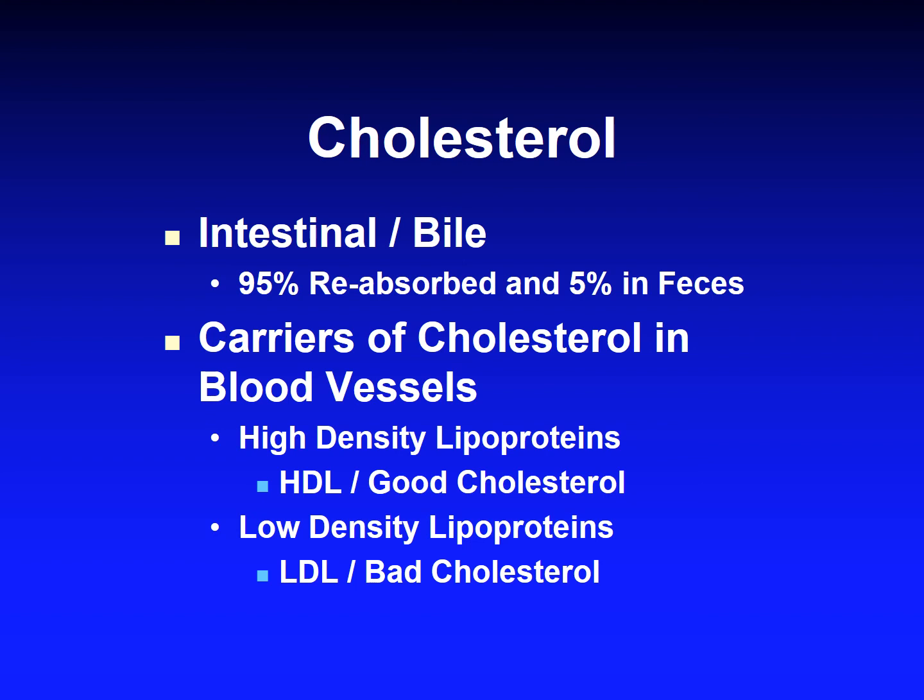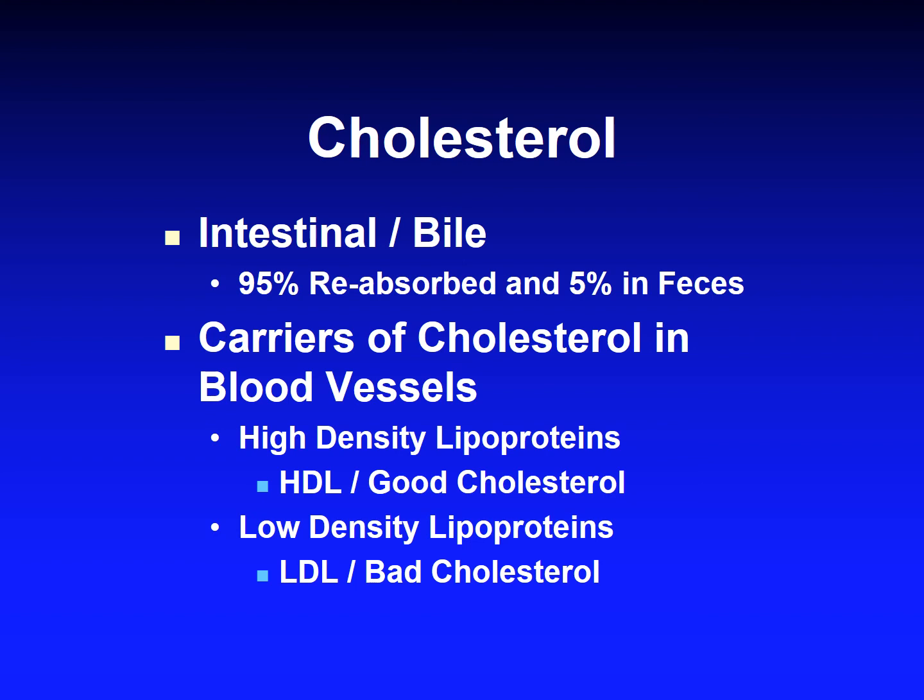Because there's a lot of problems related to this molecule, and I'll mention it in a second. So, cholesterol is basically utilized and used for bile synthesis, as I mentioned before in the secretion section. 95% is reabsorbed and 5% goes into the feces. And I also mentioned this number.